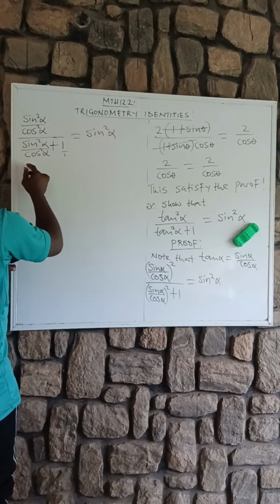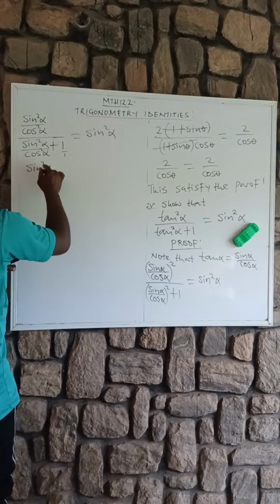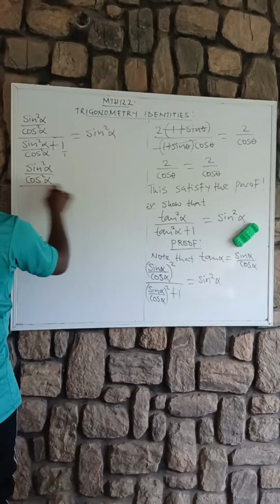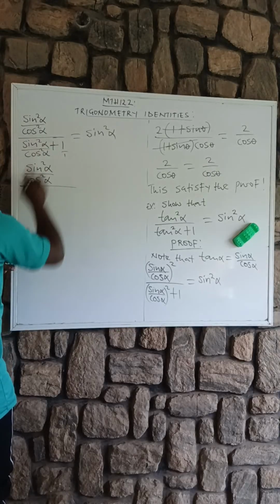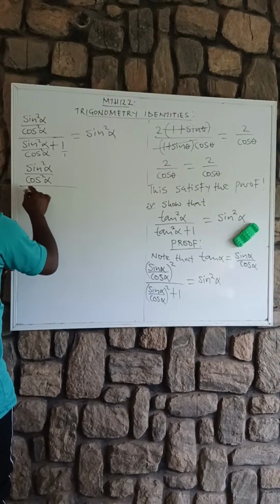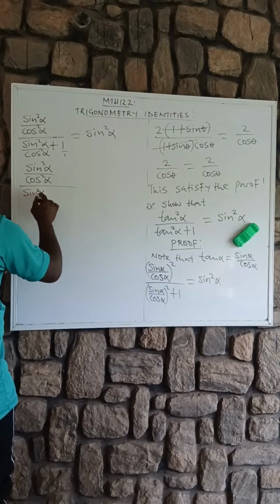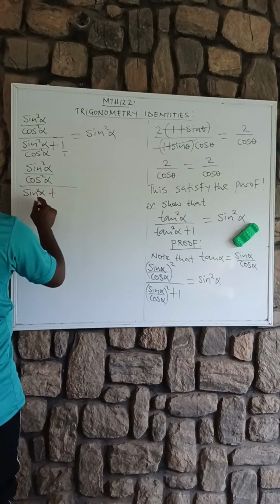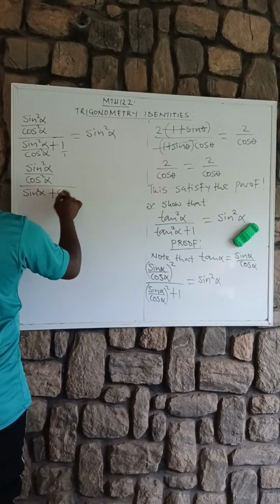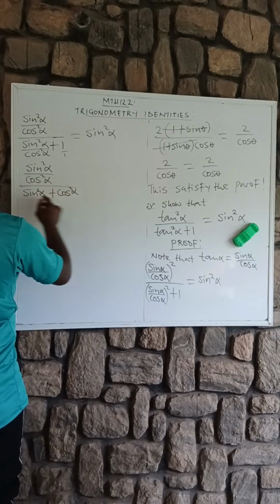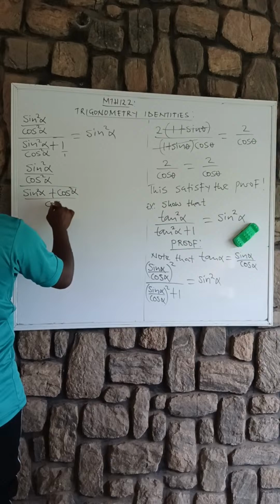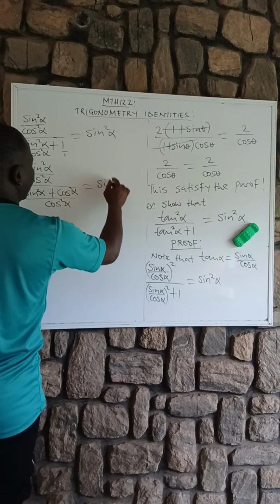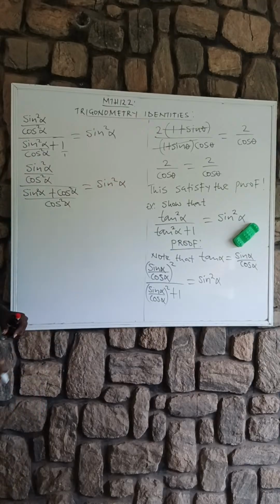So here will now be sin square alpha all over cos square alpha, all over sin square alpha plus cos square alpha all over cos square alpha, which equals to sin square alpha. Do you agree with me?